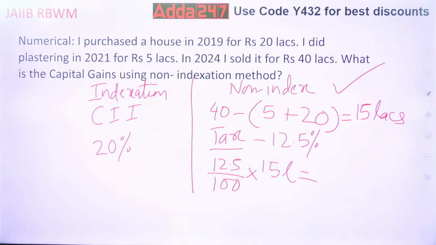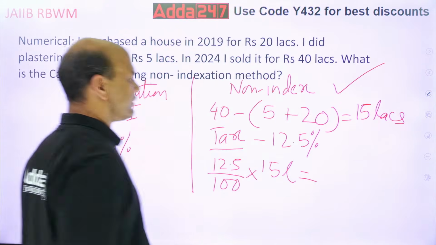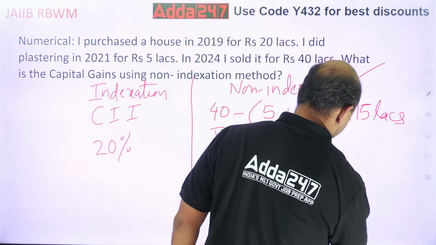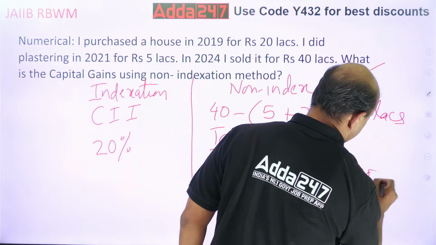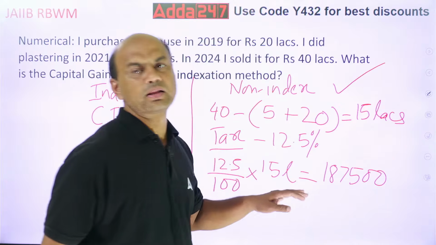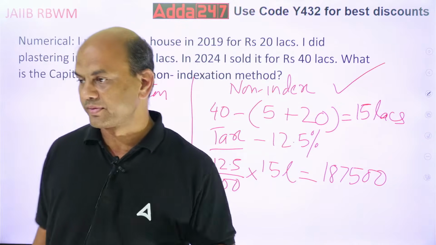So 1,87,500. Correct, Danishka. Very right. 1,87,500. So this is the capital gains tax which you will be paying.